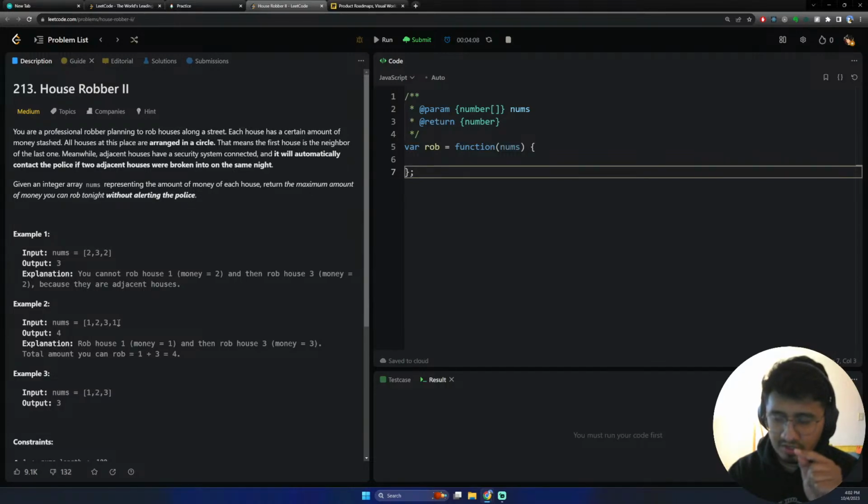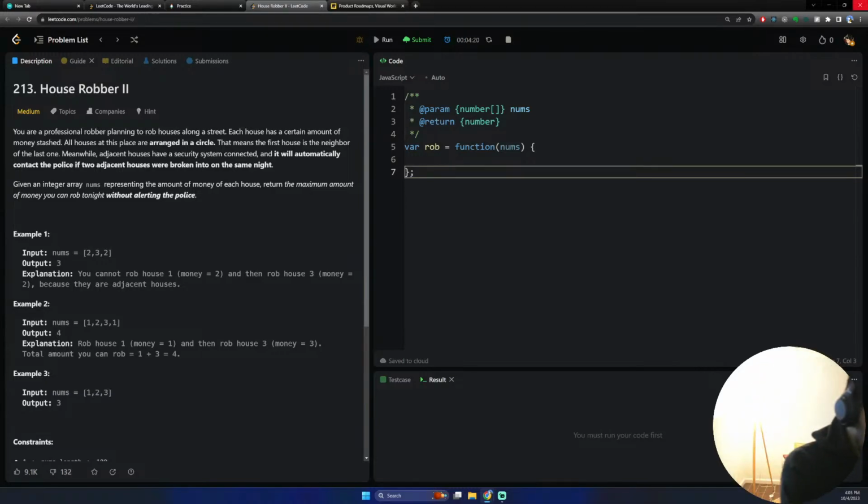If we have the first house and the last house, let's draw this out. Let's try to draw it and see if that makes sense at all. Okay, let's go to Miro. What we have is 2, 3, 2, right?